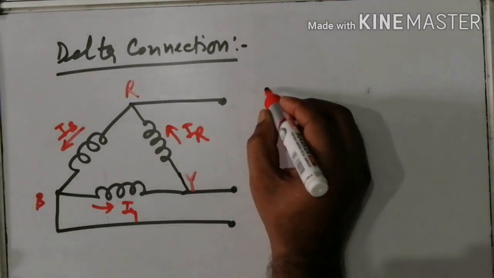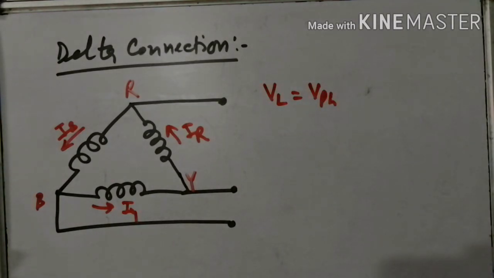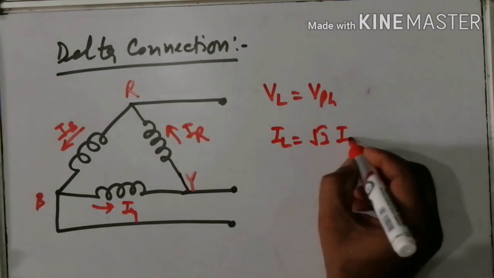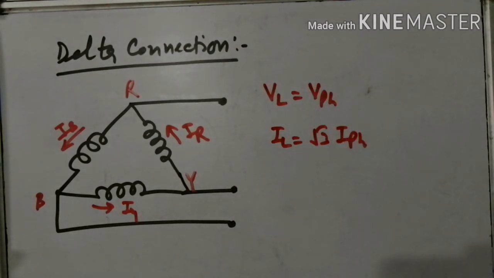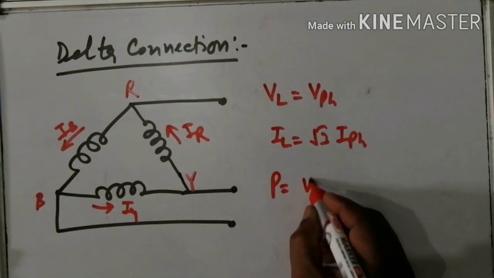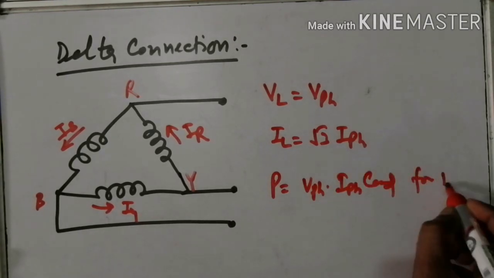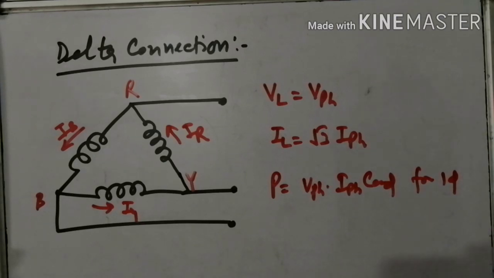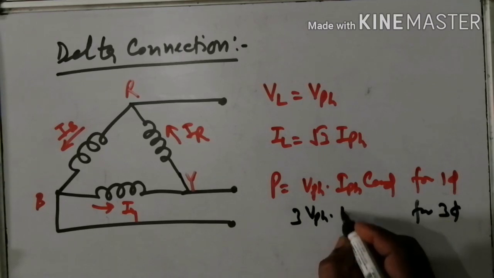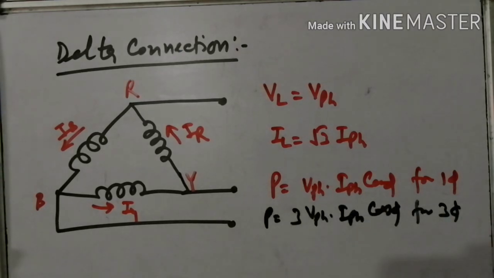Right? Here line voltage and phase voltage are same, but in the case of the line current, it is under root 3 times of phase current, and in the case of power, once again it is VPH IPH into cos phi for single phase, and for the three phase it is 3 times of this one, VPH IPH into cos phi, right?